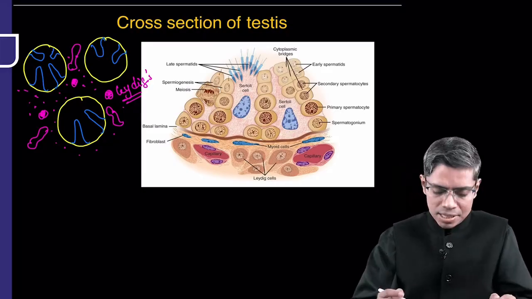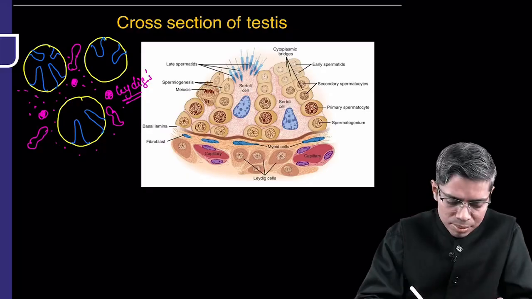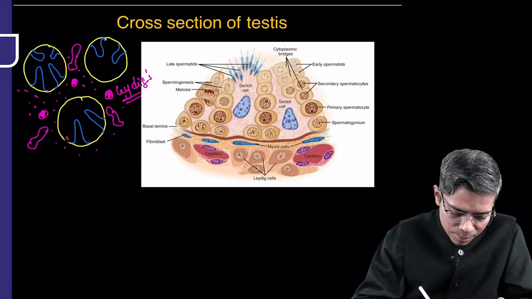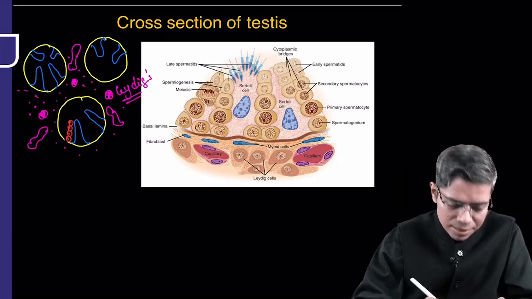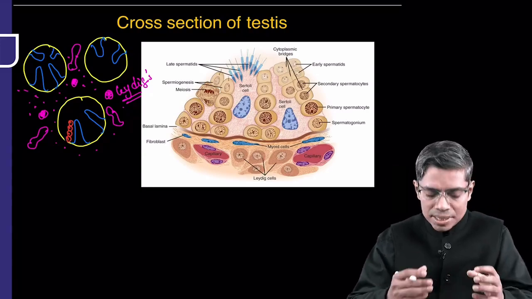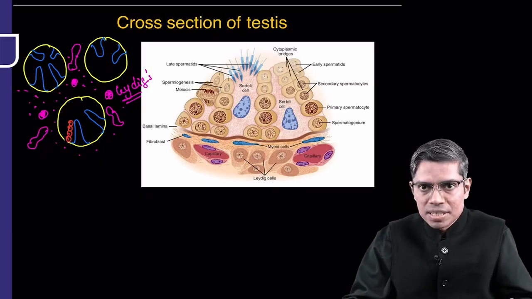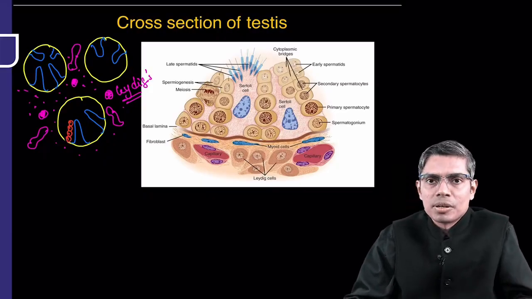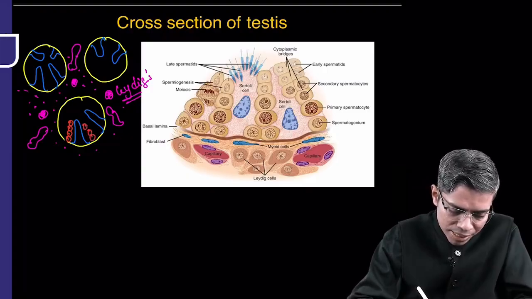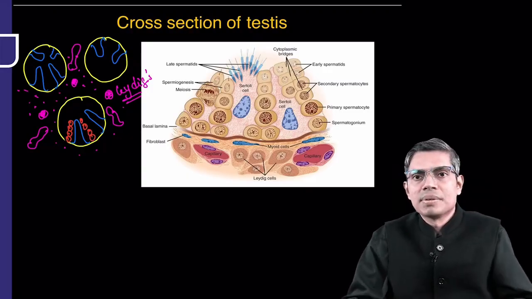In between Sertoli cells, obviously there will be the presence of different stages of spermatogenesis cells, right? So spermatogenesis is occurring inside this seminiferous tubule. The different stages of spermatogenic cells, like for example spermatogonia, primary spermatocyte, all of them will be located close to this seminiferous tubule, right?